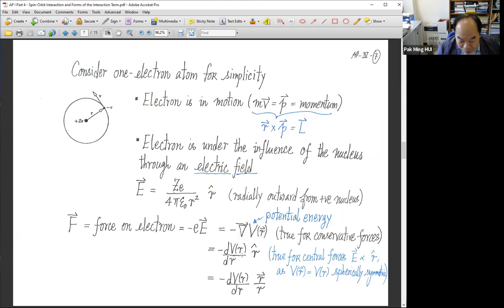When you see something like this, we need a central force to create this V of r, okay? So there are slight differences in the forms at the end. Behind them, there are some assumptions that you should be aware of.